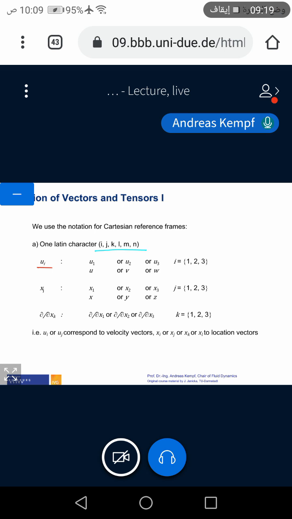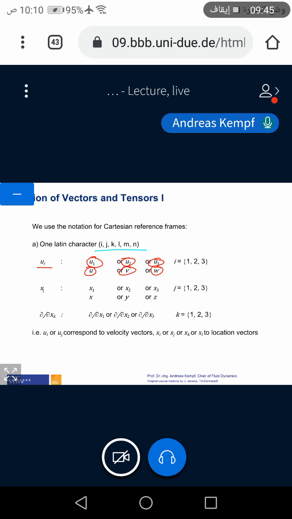So the convention for index notation is normally that a vector has 3 components like 3-dimensional space. We have u1, this is the first velocity component. We have u2, or we have u3. If we were to do a normal vector notation, we would probably call the first component lowercase u, the second component of the velocity vector lowercase v, and the third component w.